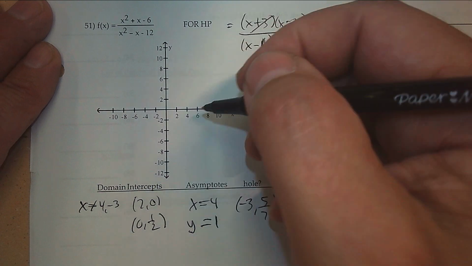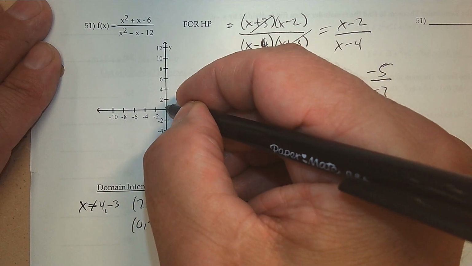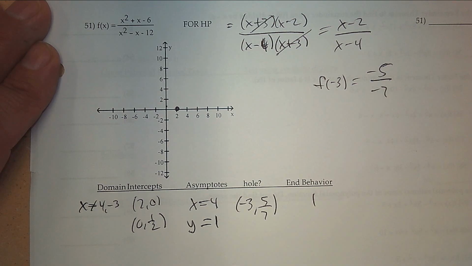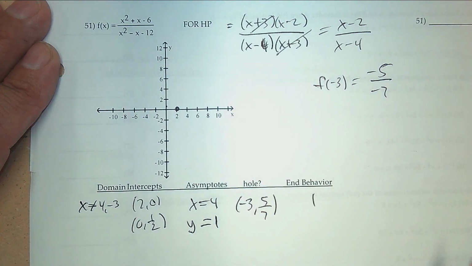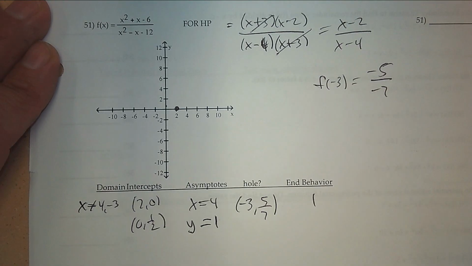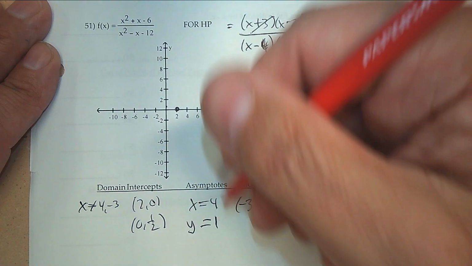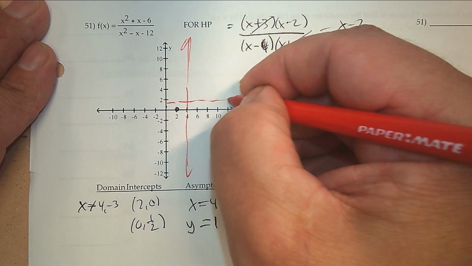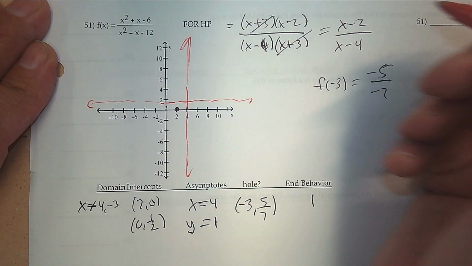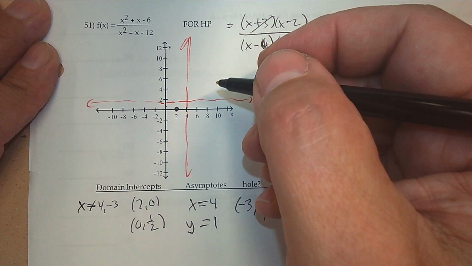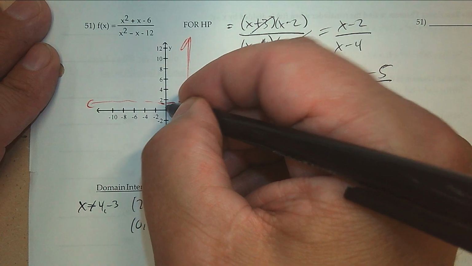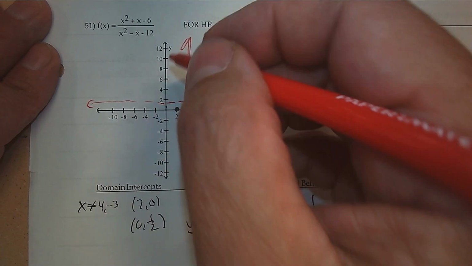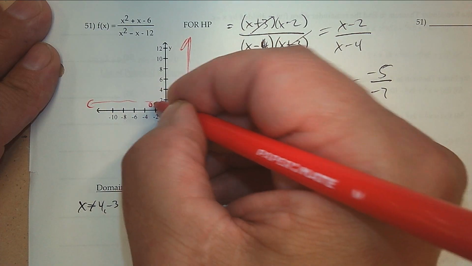So we have 2, 0. We have 0, 1/2. We have negative 3 and 5/7. And we have the one asymptote, 4. So 0, 1/2, negative 3 and 5/7, a little bit higher than the y-intercept.